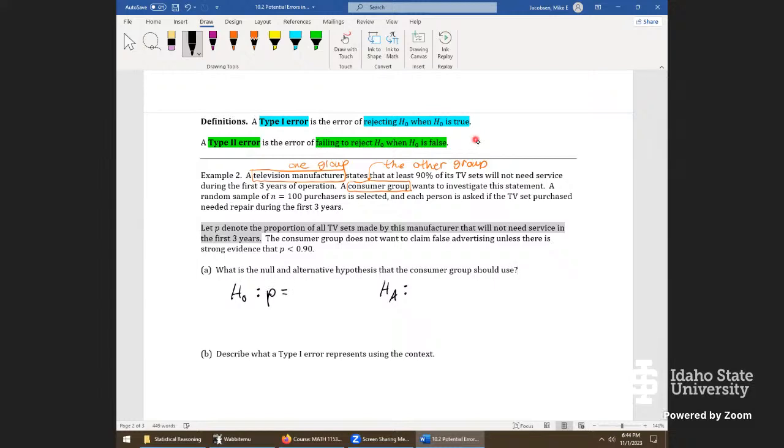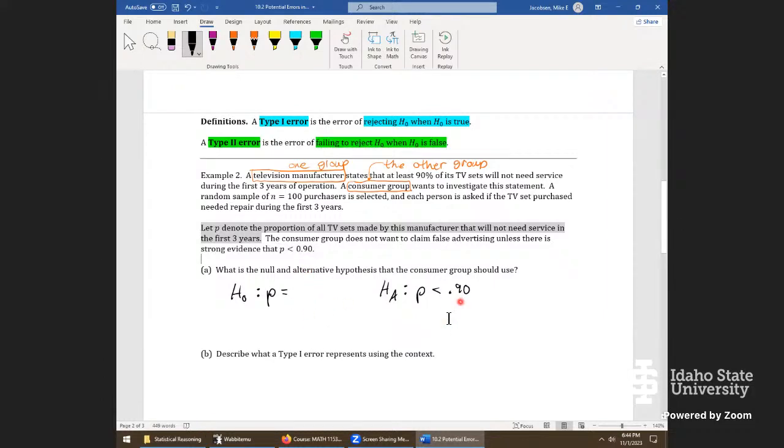investigate. So I'll put P equals. And the problem right here said they're looking for strong evidence that P is less than 0.90. The concept here is the alternative hypothesis is what the researchers, now the consumer group, is most interested in. So we can pen in P less than 0.90. They pretty much told us that's what they're interested in. They told us specifically the alternative hypothesis.